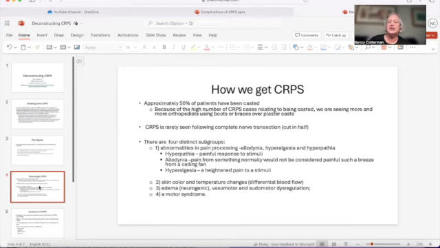And hyperalgesia is a heightened reaction to a stimuli. Skin color and temperature changes, differential blood flow, edema, and it's neurologic edema, which is vasomotor and pseudomotor dysregulation, and motor syndrome.